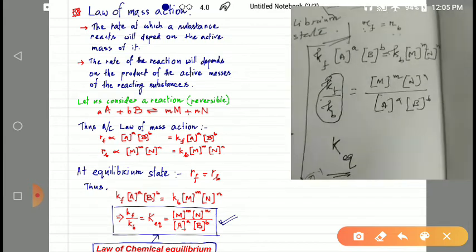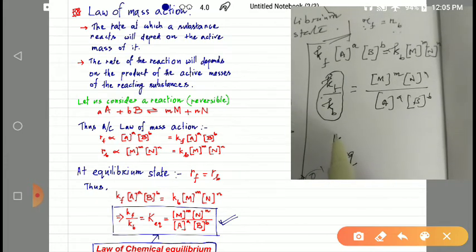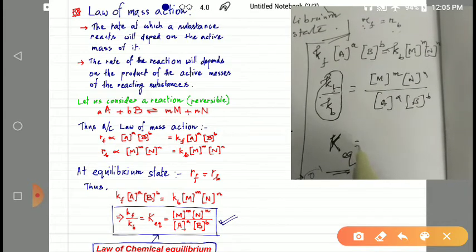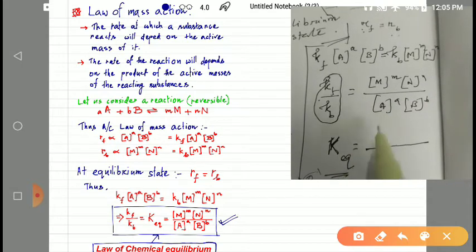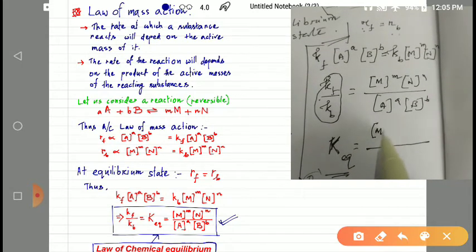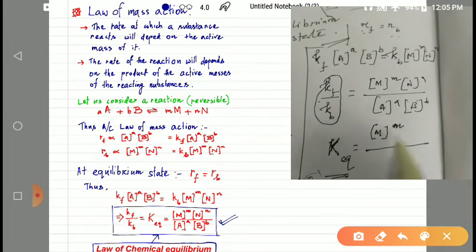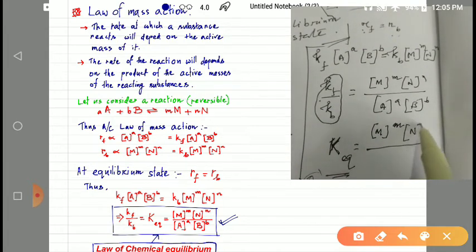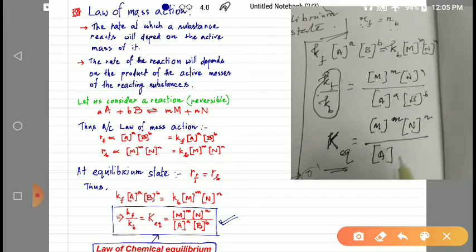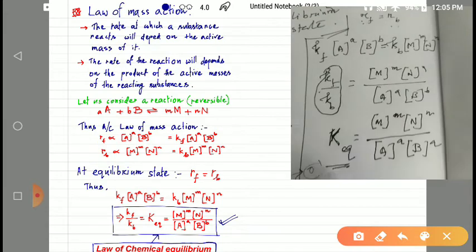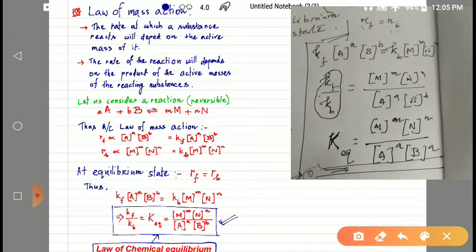This is capital K, the equilibrium constant. The equilibrium constant for reversible reactions is the ratio of the active masses of the products to the multiplication of the active masses of the reactants. So this is your formula.